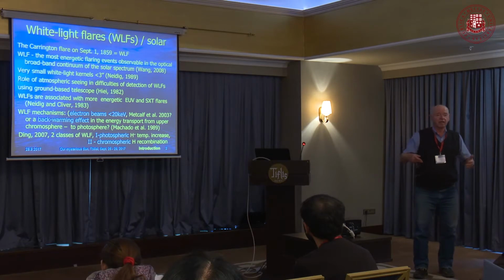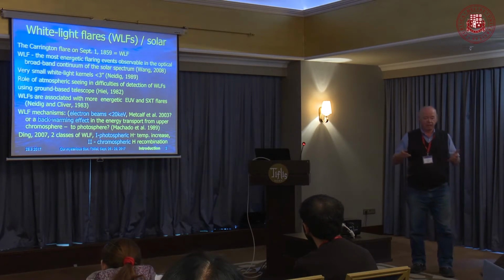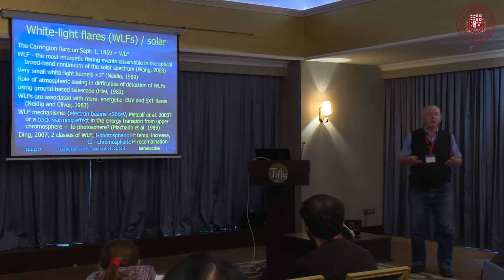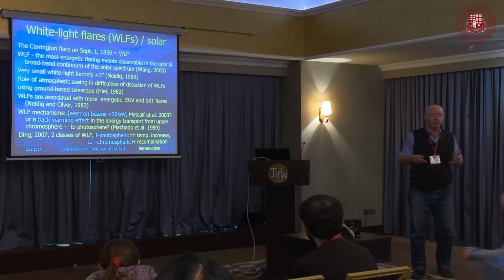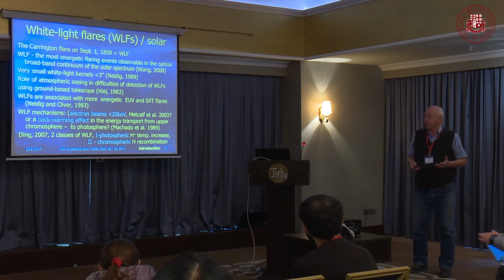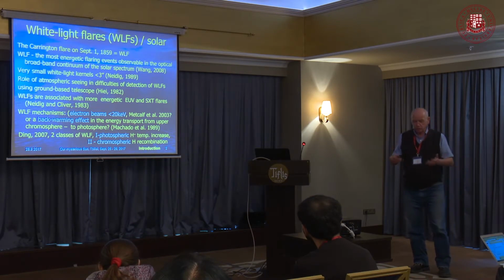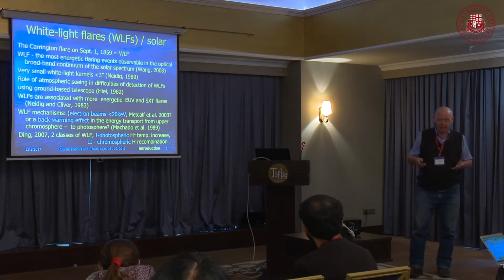But we are also speaking of mechanisms: how the energy is deposited in the layers of the solar atmosphere which are able to radiate in continua. There are at least two ways.